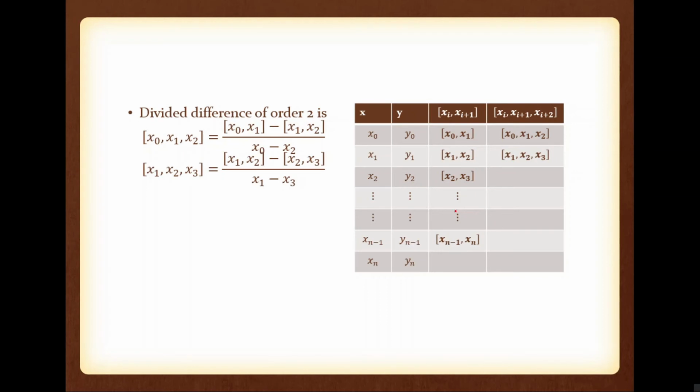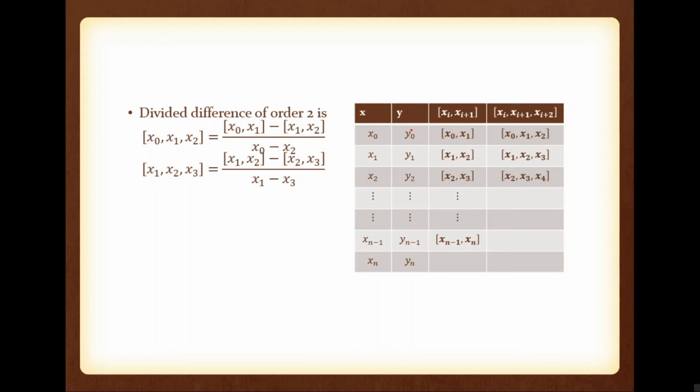Yes, correct. [x2, x3, x4] is the next element. Etc., etc. Up to what point can we find? You can see that we have x0 to xn.